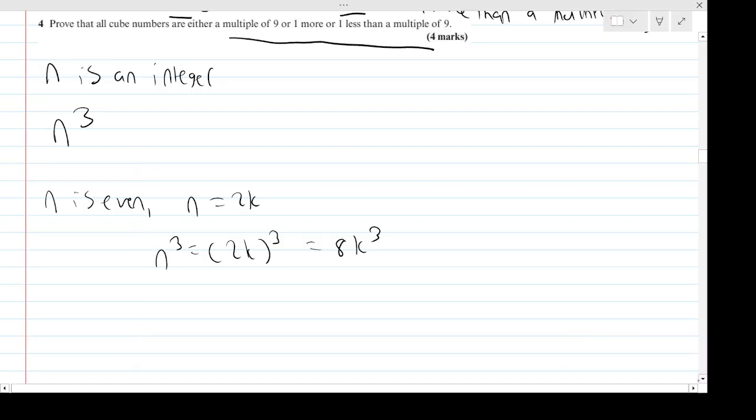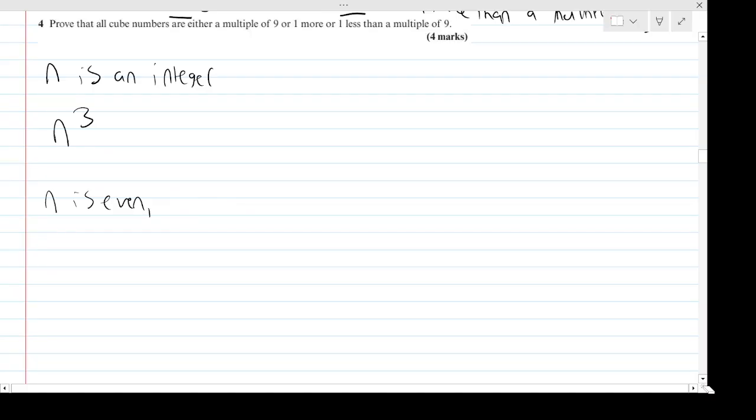It's talking about multiple of 9 or 1 more or less. So we can't go through that approach either. And we can't do anything with n cubed. We can't factorise or simplify it in any way. So again, we're going to need to consider a bigger times table to work with. So not the 2 times table, maybe the 3 times table.